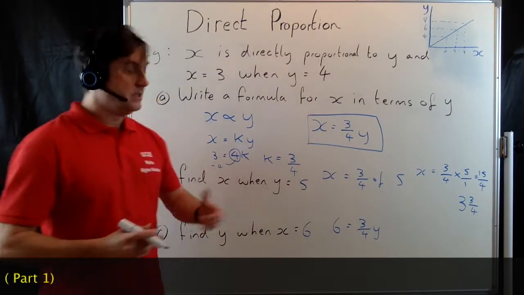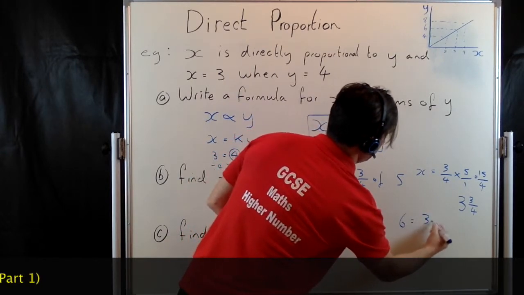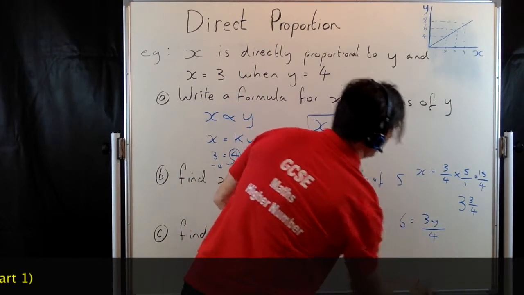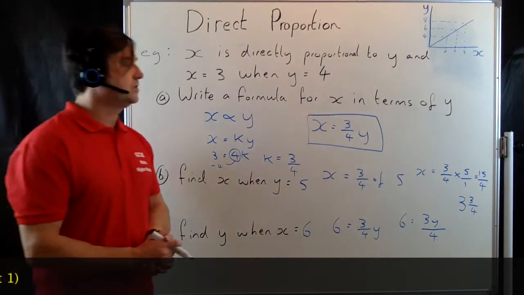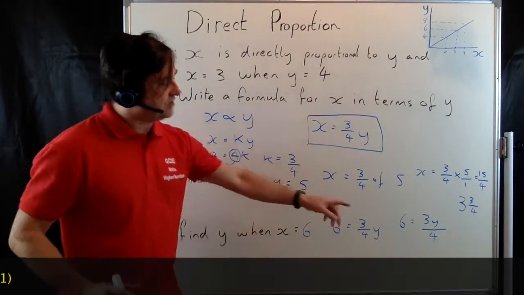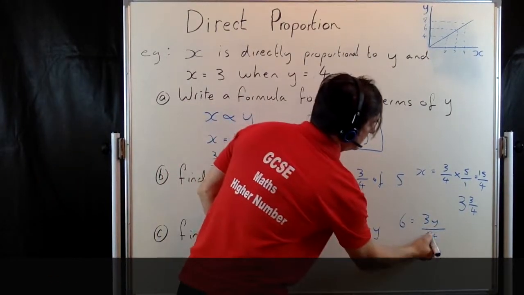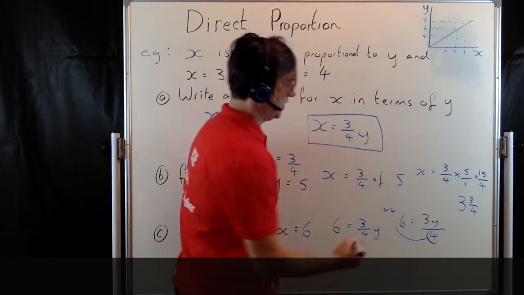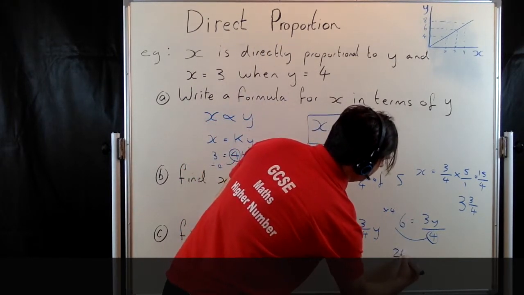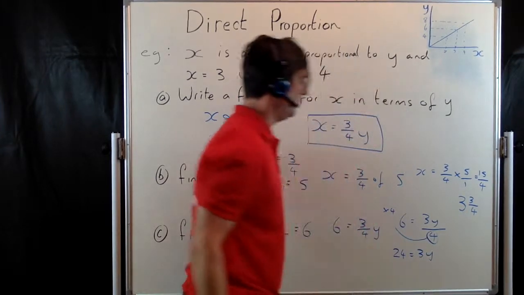So if we write this as 6 equals 3Y over 4, then it seems a little bit easier to see what we've got to do next, because we've got to get rid of this 4. We're dividing by 4, so if I move that up to the other side, I'm going to times by 4. 4 times 6 gives me 24, so 24 equals 3Y.